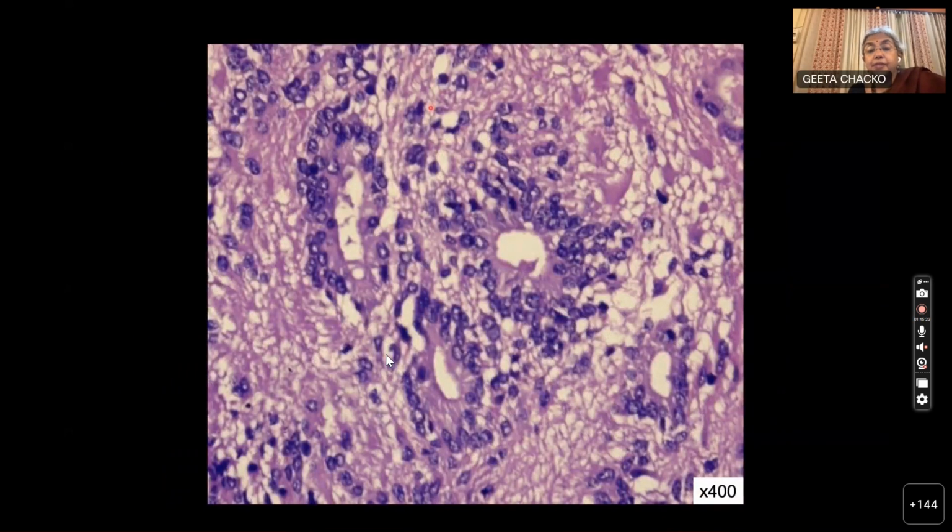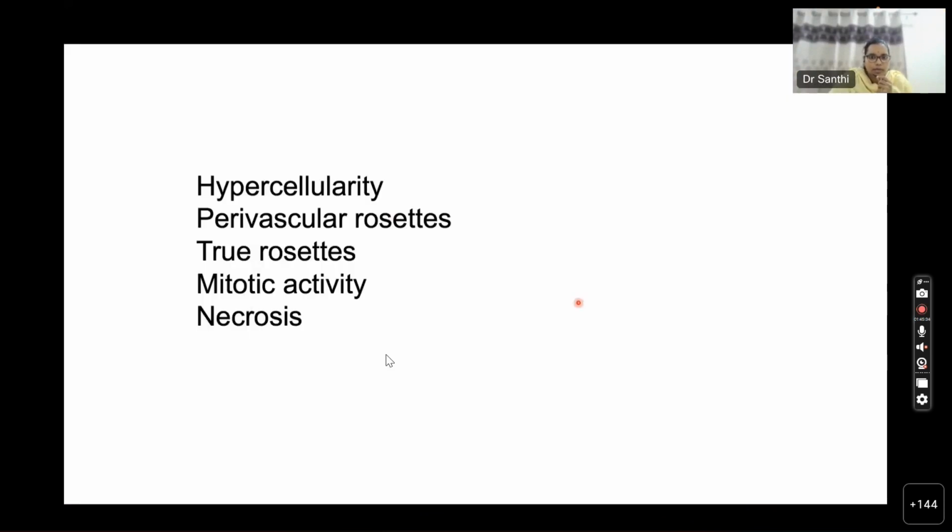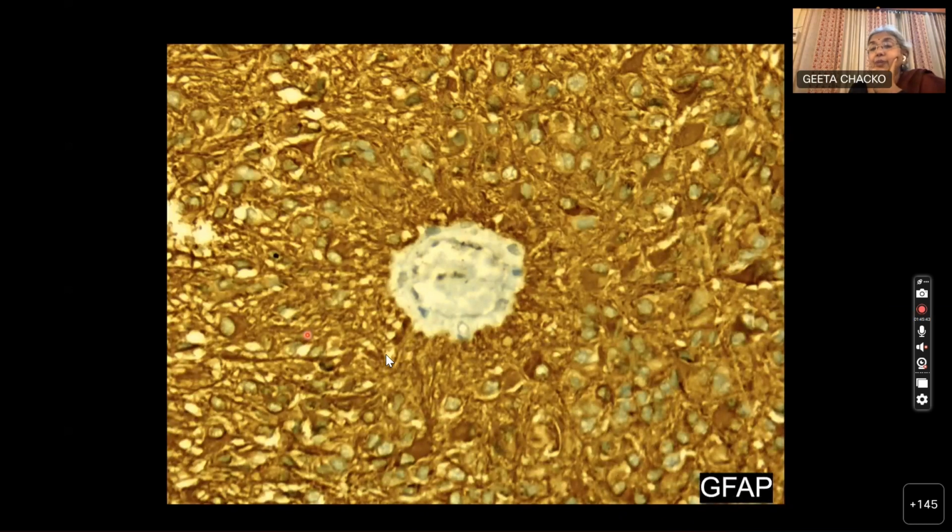So you can see these are the true ependymal rosettes. Yes, with a vessel inside it. Yes, ma'am. And the hypercellular areas with the mitotic activity. So you have hypercellularity, perivascular rosettes, true rosettes, mitotic activity, and necrosis. So now you said your GFAP is positive.